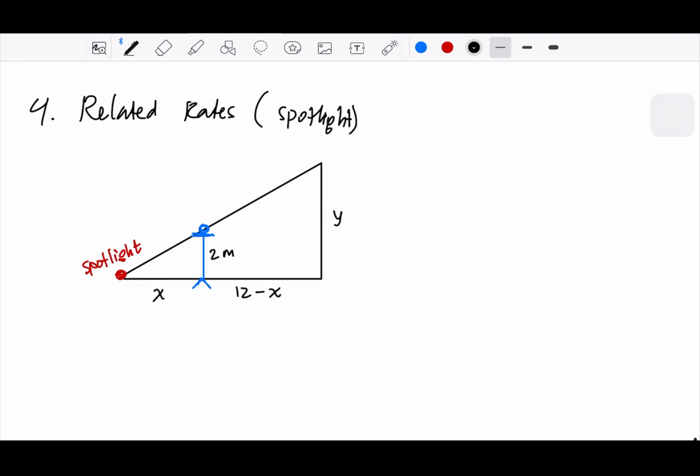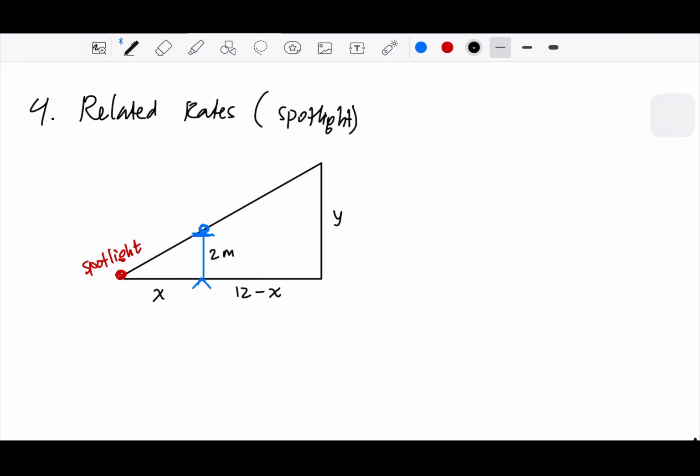The question is asking, when the man is walking at a fixed rate, 1.6 meters per second, how does the shadow cast by the spotlight increase?